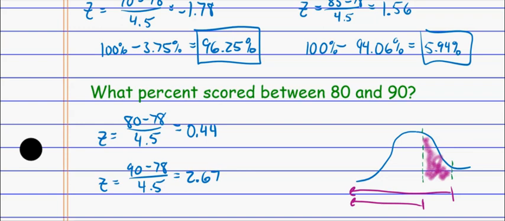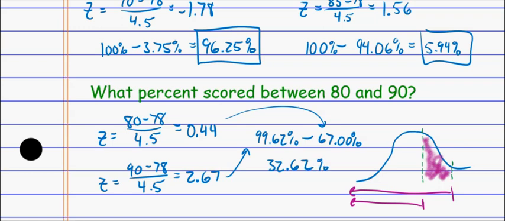All right, so as I calculate these, this guy yields a percentage of 99.62%. This one reveals a value of 67.00%. And so again, if I want the amount of area in between those two, I have to subtract those, and when I subtract, I get 62%.